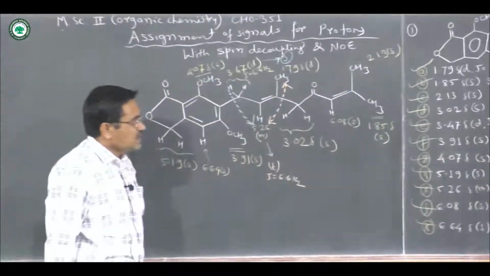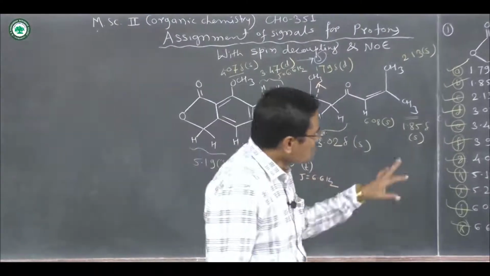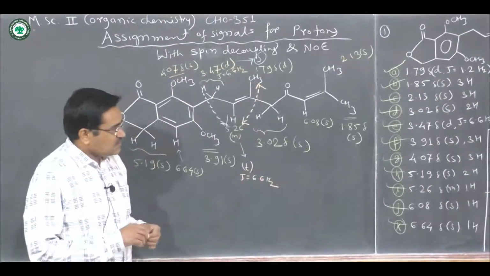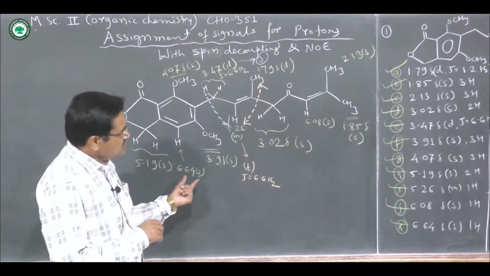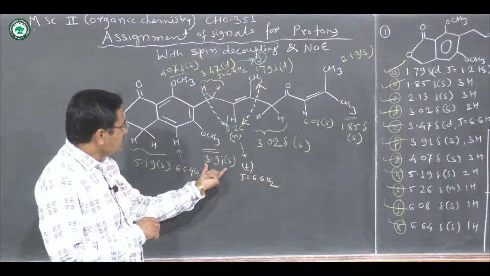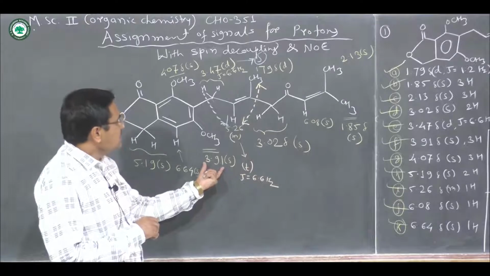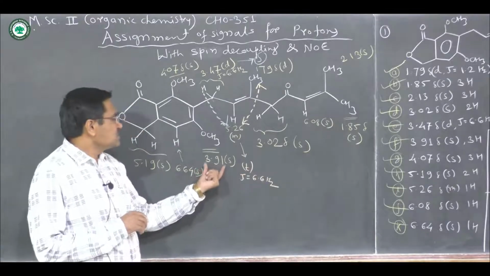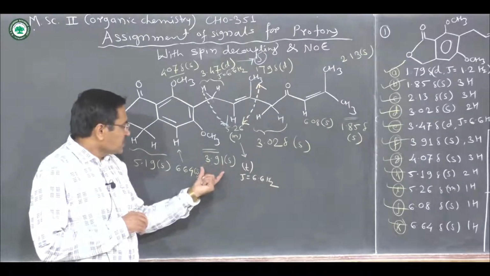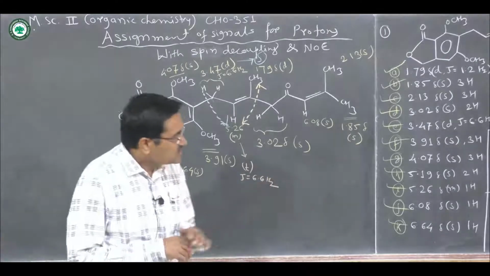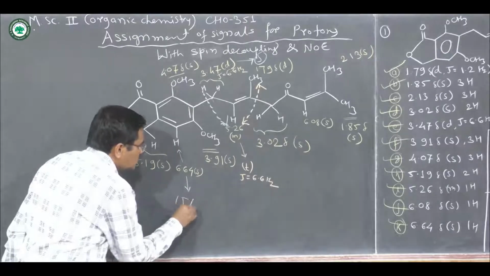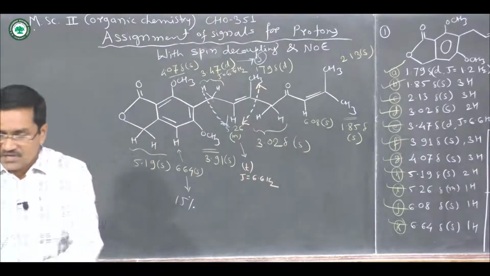Now we move towards the NOE experiment. The NOE experiment is applied on the 3.91 signal, and when we double irradiate this signal or proton, the 6.64 signal is enhanced by 50%. What is the meaning of this?